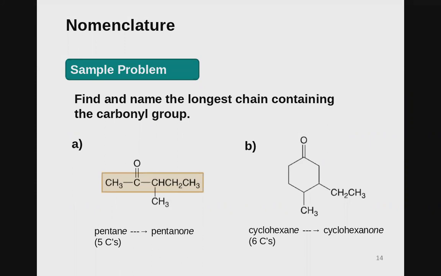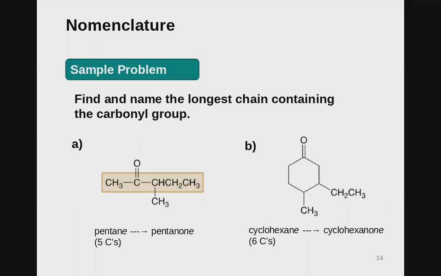Now we have a ring. So we have to use our generalized naming features for rings. We can count how many carbons we have. Every time we have a point, 1, 2, 3, 4, 5, 6, that's a carbon. Anytime we have a ring, we have to have cyclo in front of it.